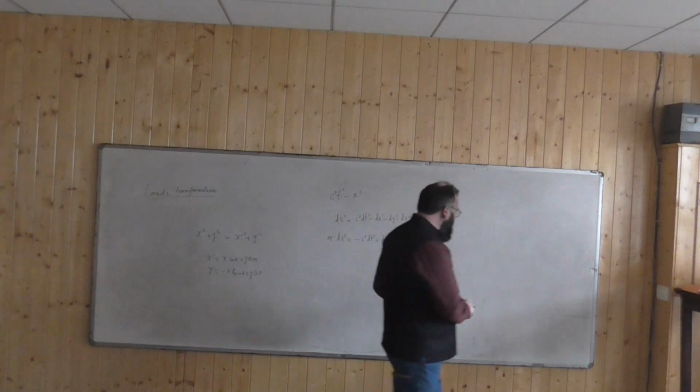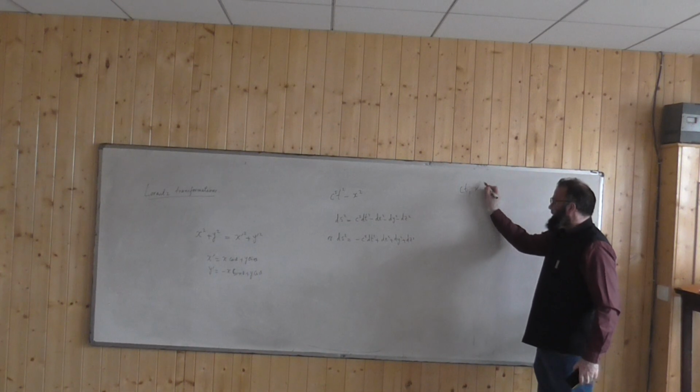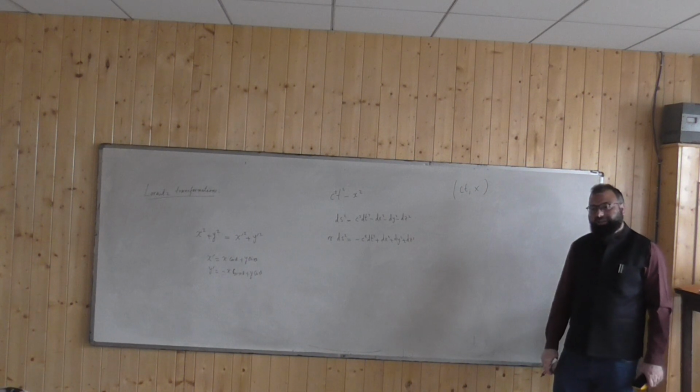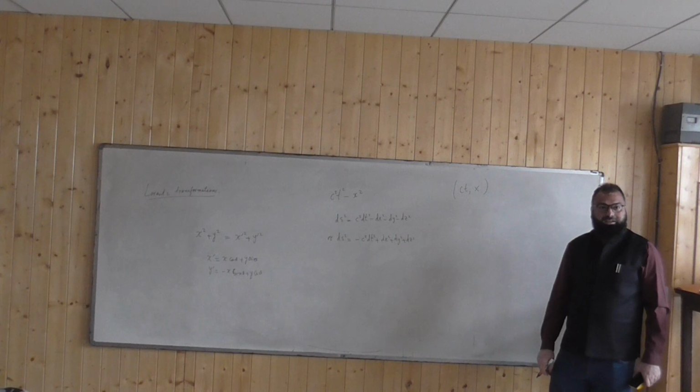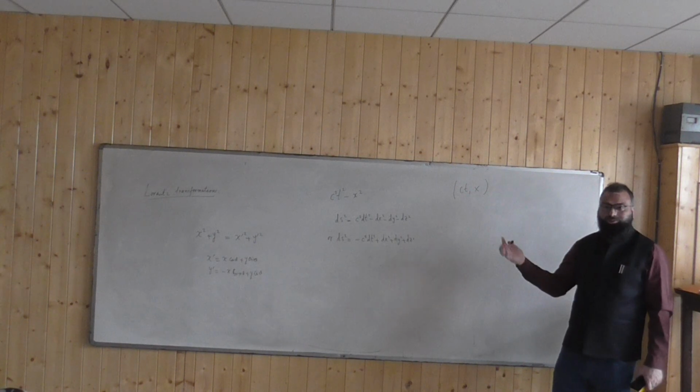Let's take only two coordinates, ct and x, in the tx plane. What would be the length of a vector? It is x square minus c square t square. That will be the length of the vector from the origin.